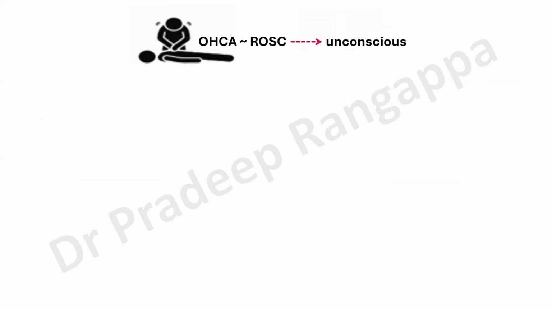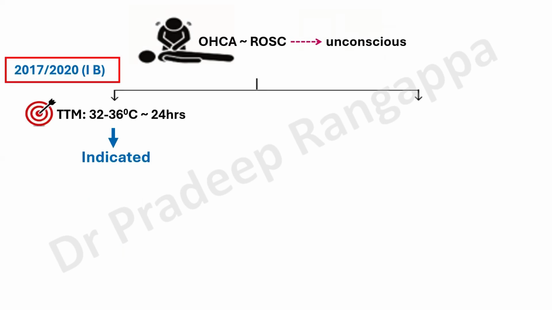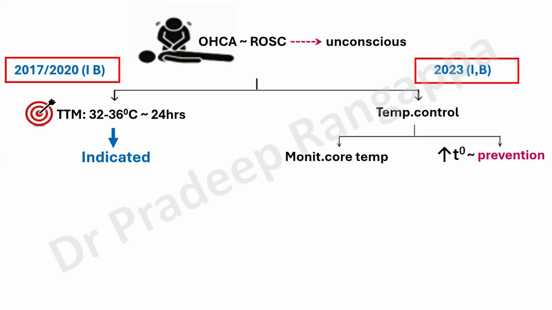If the patient has out of hospital cardiac arrest and remains comatose, then 2017 suggested targeted temperature management of 32 to 36 degrees. This is also important for intensivists. It was suggested that a 32 to 36 degree targeted temperature has to be maintained for 24 hours.